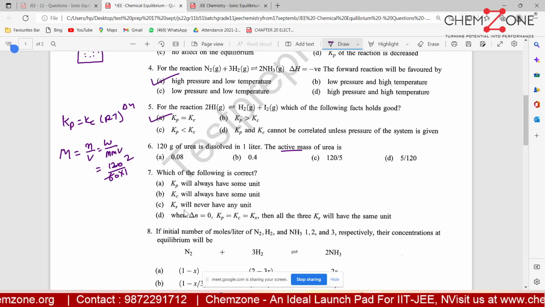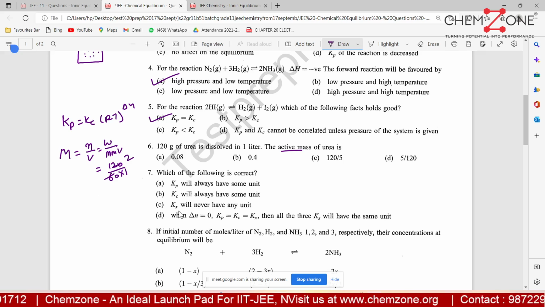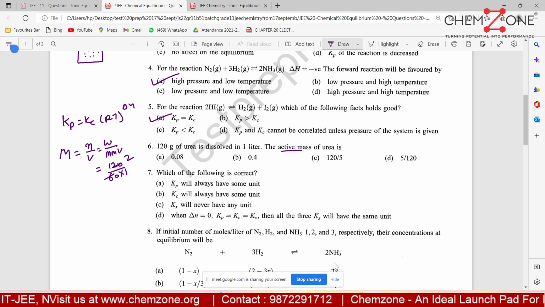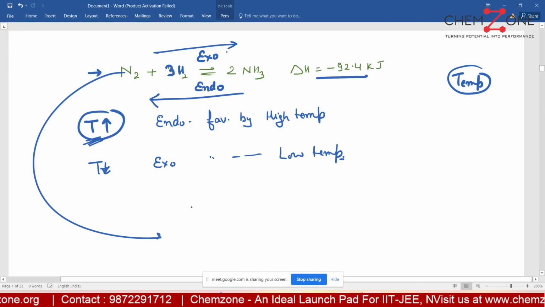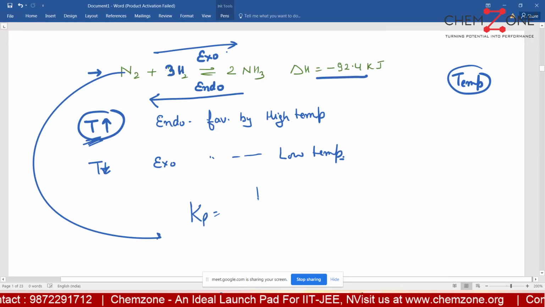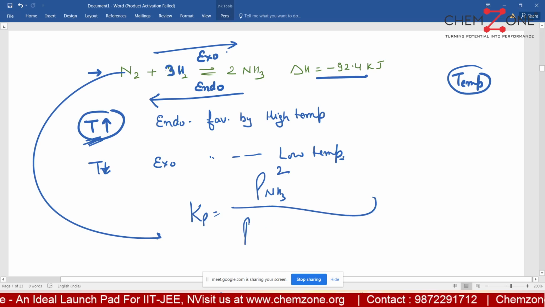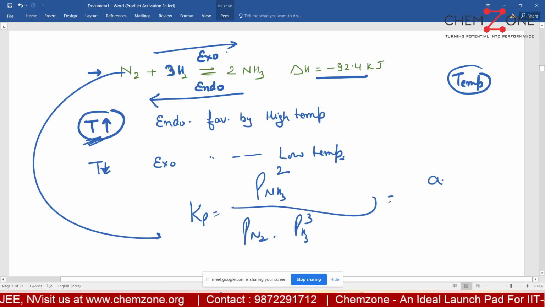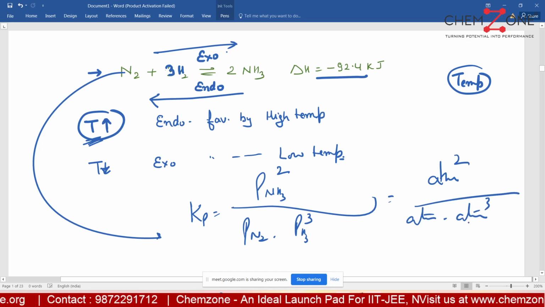Excuse me, sir, what's Kp again? Equilibrium constant in terms of pressure. The Kp will never have any unit. Why? Suppose I have this reaction and I am writing the Kp value: pressure of ammonia to the power 2 upon pressure of nitrogen into pressure of hydrogen to the power 3. So atmosphere square upon atmosphere into atmosphere to the power 3.